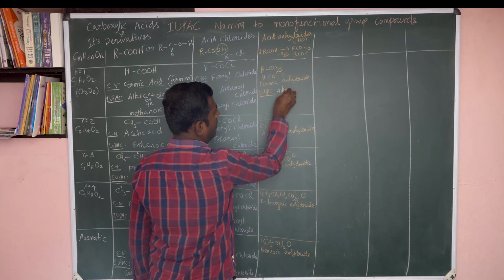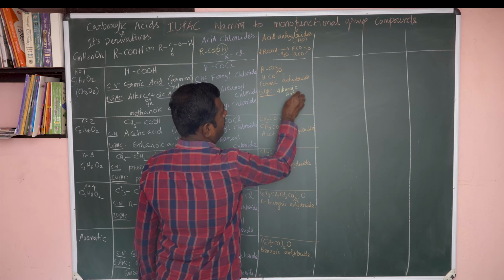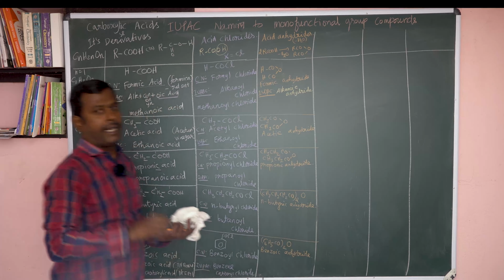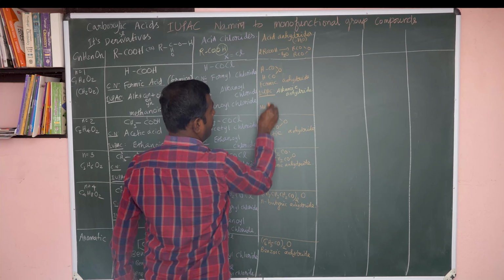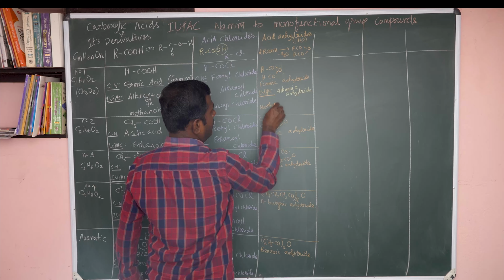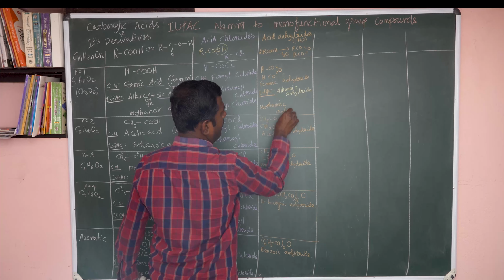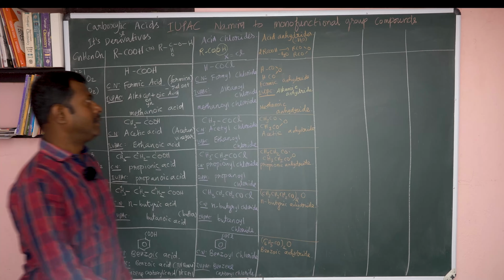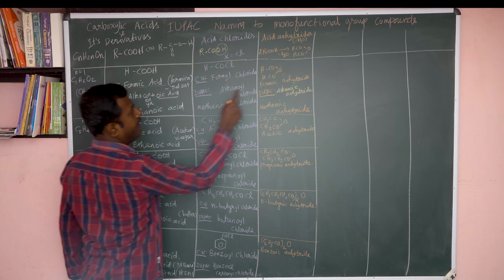In general, the IUPAC name will be alkanoic anhydride. So for formic anhydride, the IUPAC name will be methanoic anhydride. So methanoic acid, methanoyl chloride, methanoic anhydride. How beautiful it is.